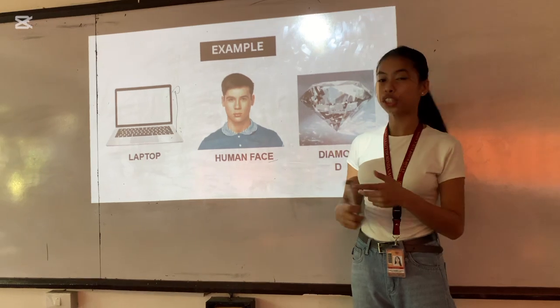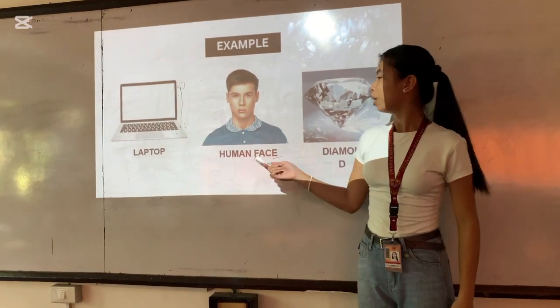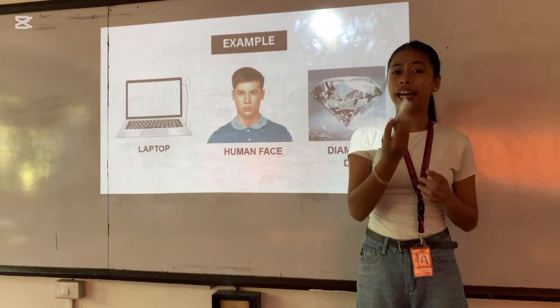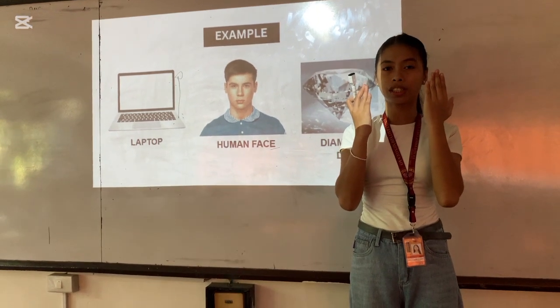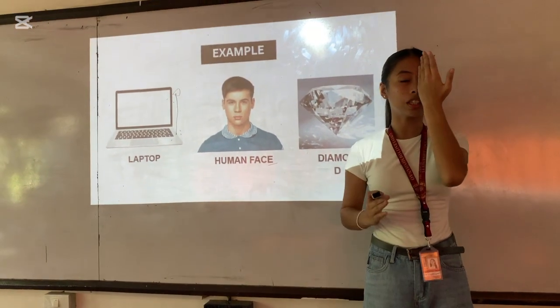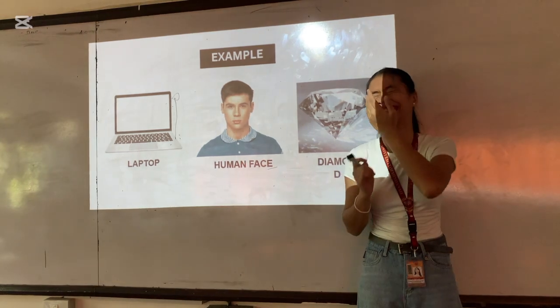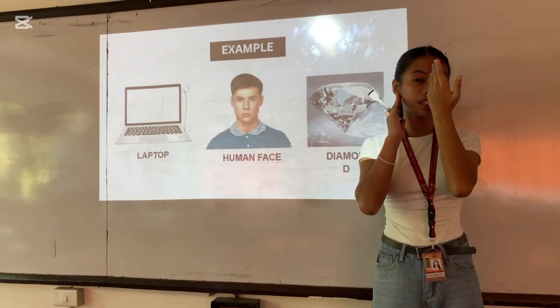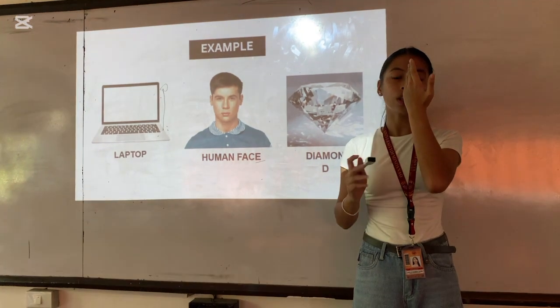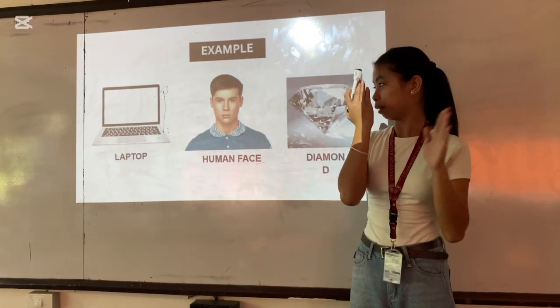Okay, next is the human face, our face. When you draw a line down the center, each side has similar images. When you look at yourself in the mirror, you will notice that your ears, eyes, and nose look exactly the same on the left side.